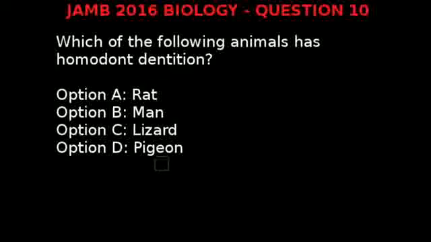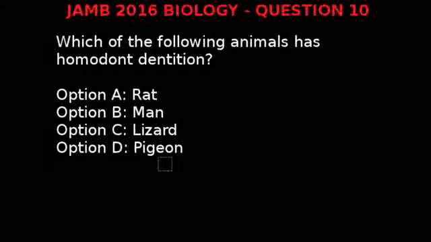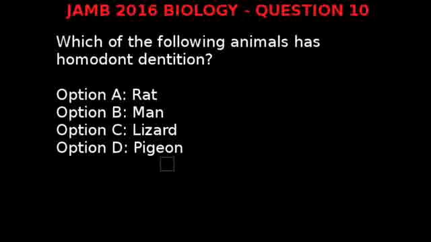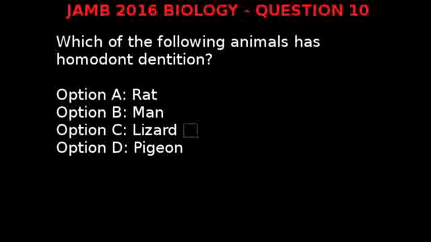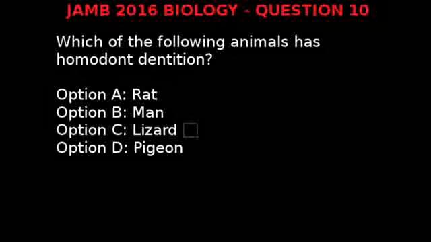In homodont dentition, none of the teeth is specialized for a particular function. Examples of animals with such dentition are reptiles, fishes, and amphibians. Looking at our options here, the only reptile is lizard. Therefore, our correct answer is option C.